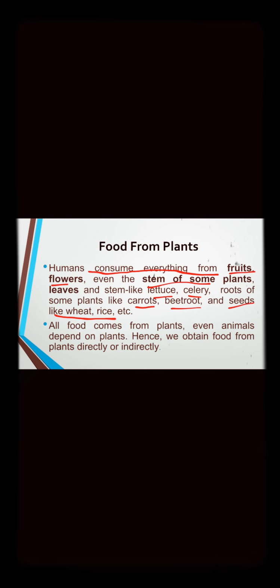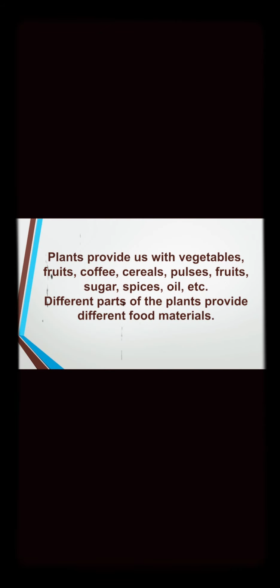All the food comes from plants. Even animals depend on plants. Hence, we obtain food from plants directly or indirectly. Plants provide us with vegetables, fruits, coffee, cereal, pulses, sugar, spices, oil, etc. Different parts of the plants provide different food materials.